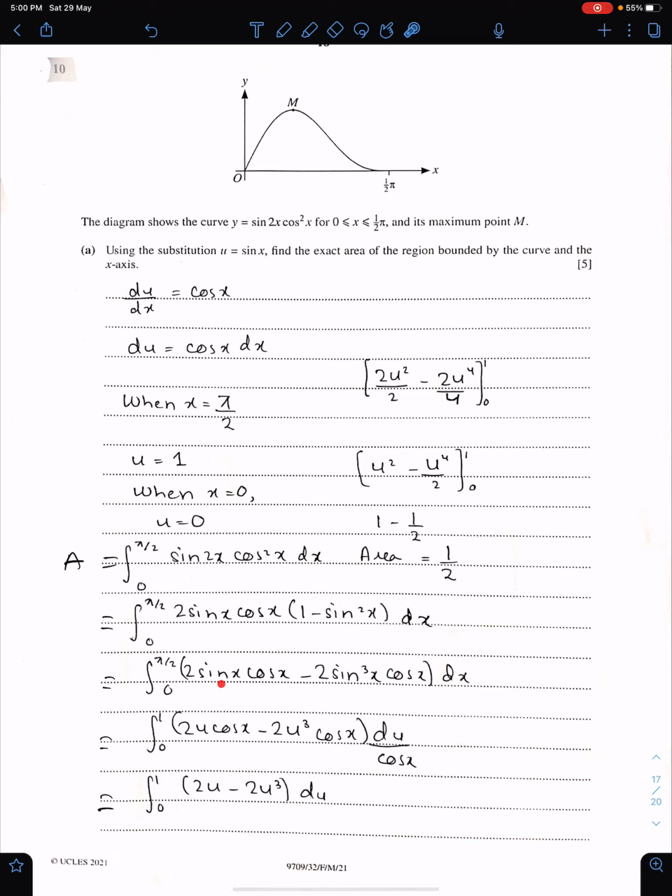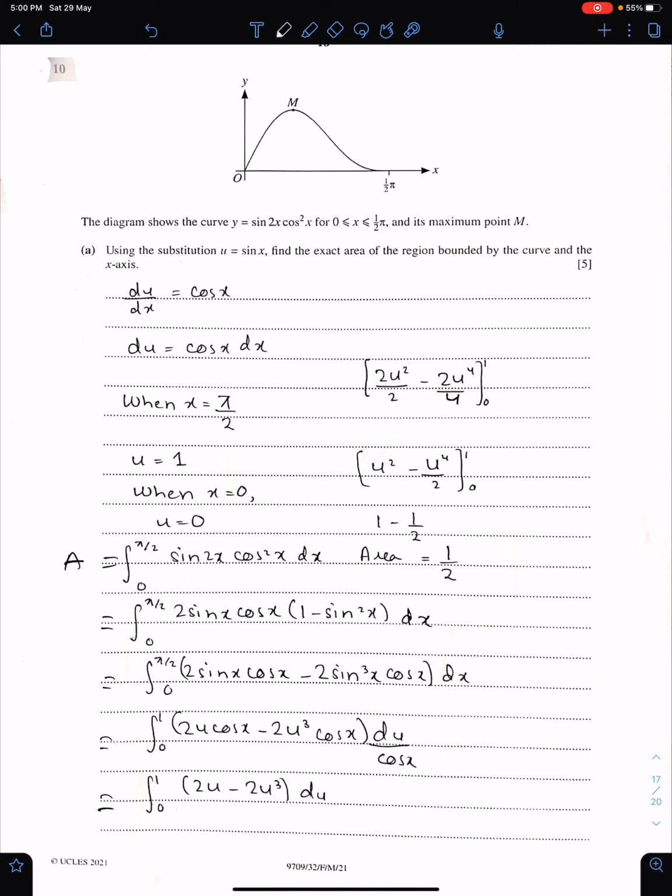Now sine x is u, copy cos x, sine cube is u cube, copy cos x, and dx is du upon cos x from this equation. And limits are 0 and 1 now. You can take cos x common and then cancel that cos x with this cos x. Now you just need to integrate this carefully. 2u square upon 2, this means just u square. And this will be u power 4 upon 2.